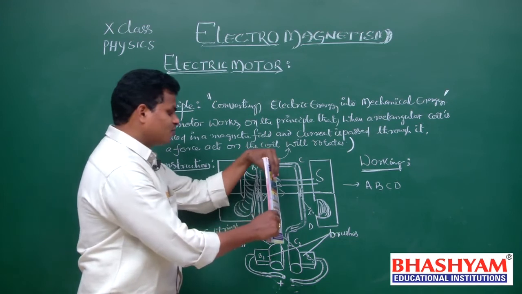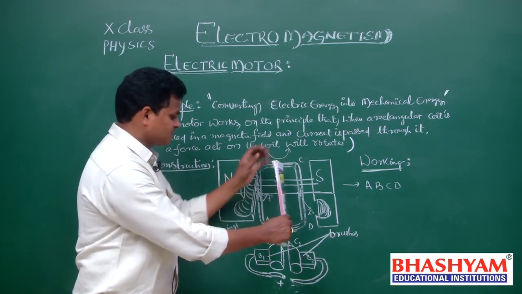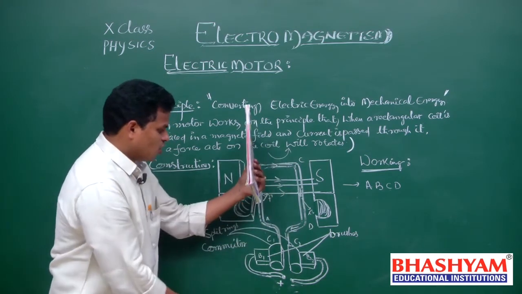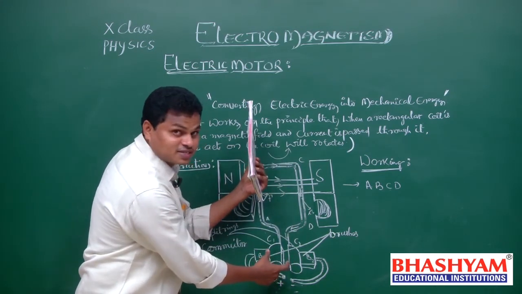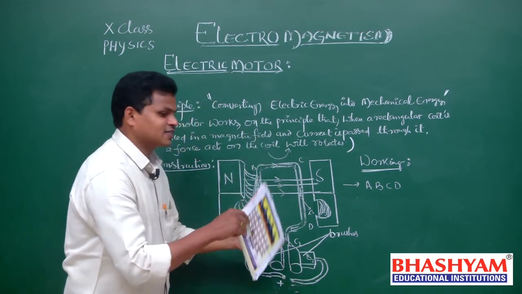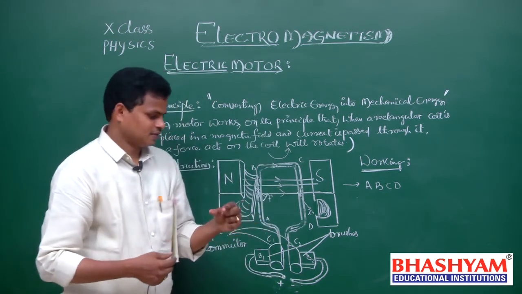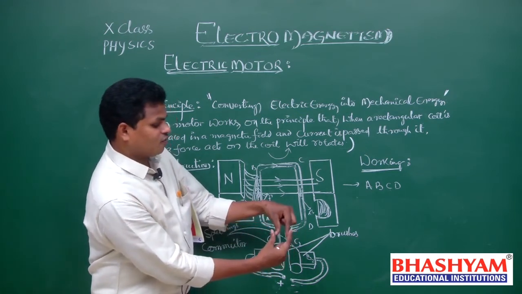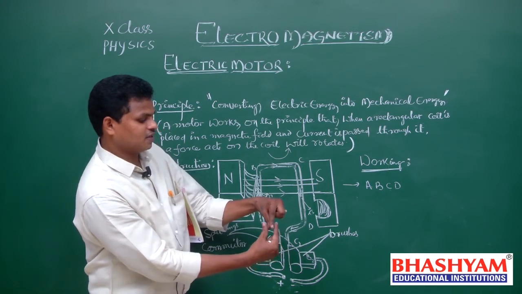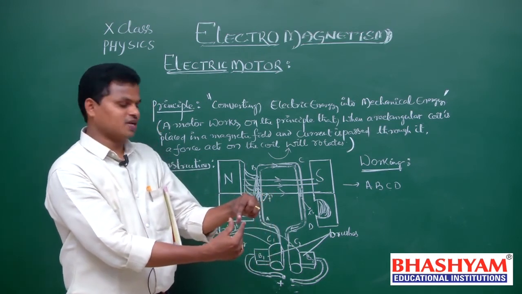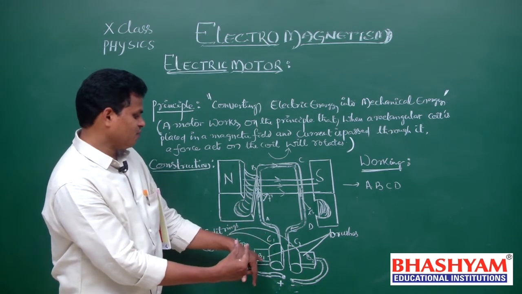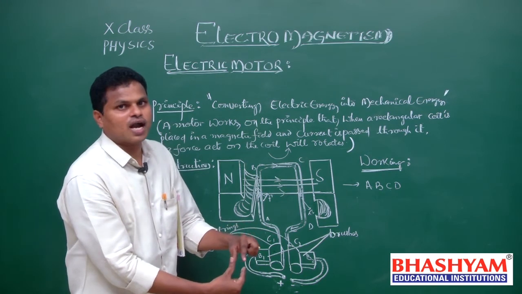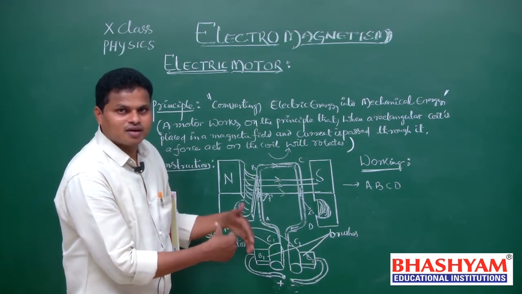After 1/4 rotation, it looks like this. Here C1 and C2 are split rings, and these are the carbon brushes. For the 1/4 rotation, there is no contact between C1 and B1, and C2 and B2. There is no contact between the split rings and the carbon brushes.